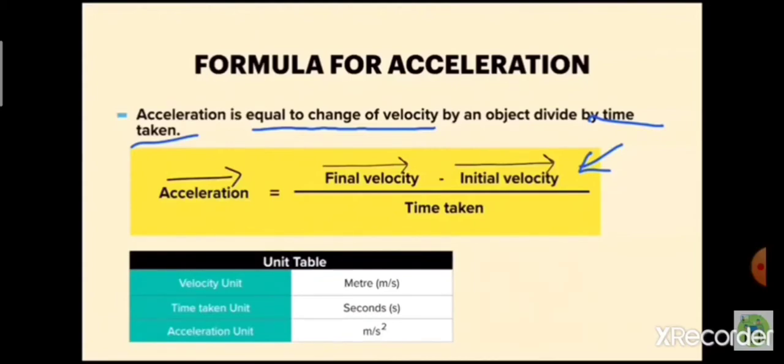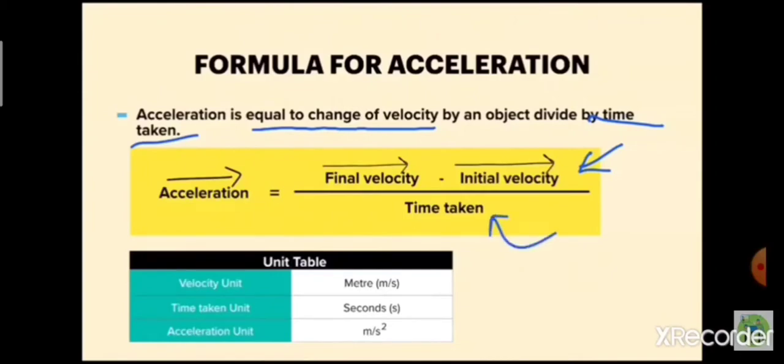How much time was taken by the car? So here we have to subtract the initial velocity from the final velocity. Initial velocity means the starting speed, and final velocity means the speed which was there in the end. And we have to calculate the time, how much time was required for the car to travel.